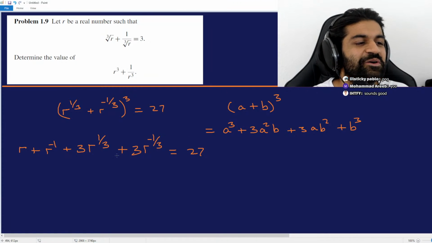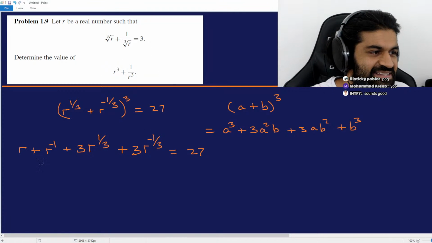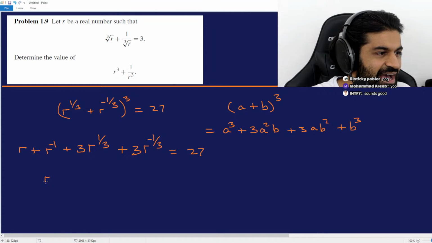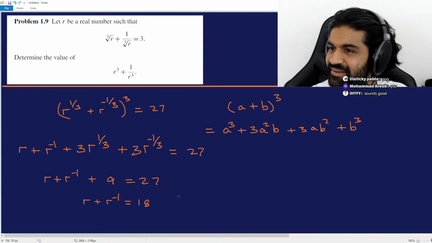But then you would have to notice that r to the 1/3 plus r to the negative 1/3 is the expression that you start with. And so you would have r plus r to the negative 1 plus 9 equals 27. So you'd get r plus r to the negative 1 equals 18, right?